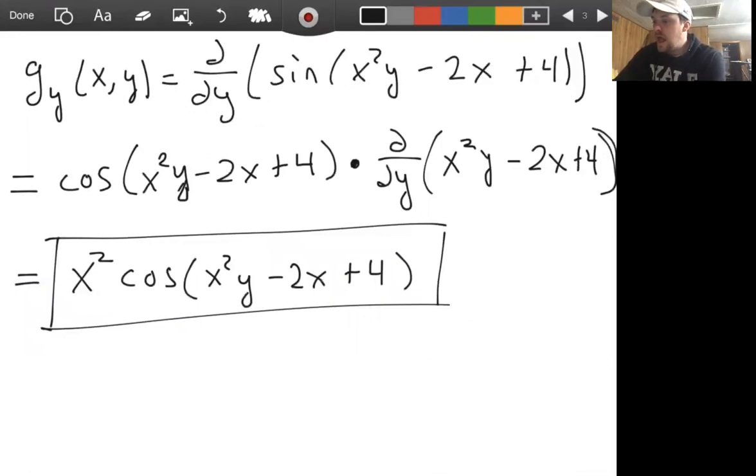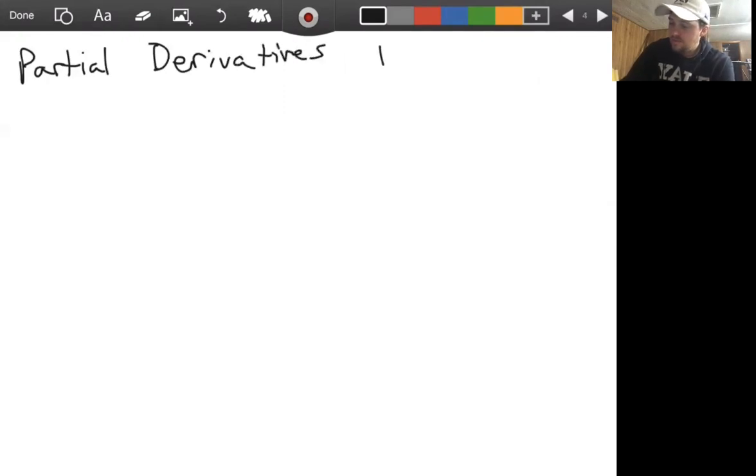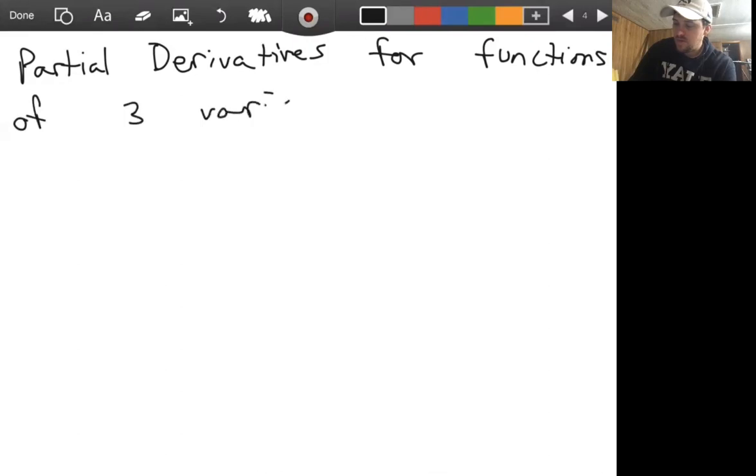So I think now, to get an idea of some more examples, let's look at partial derivatives for functions of 3 variables now. Right?